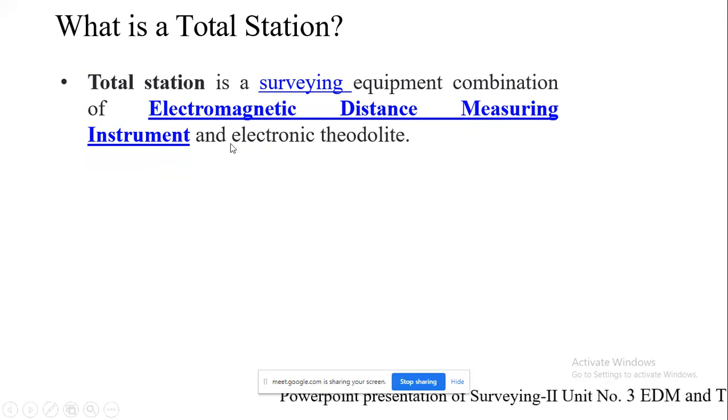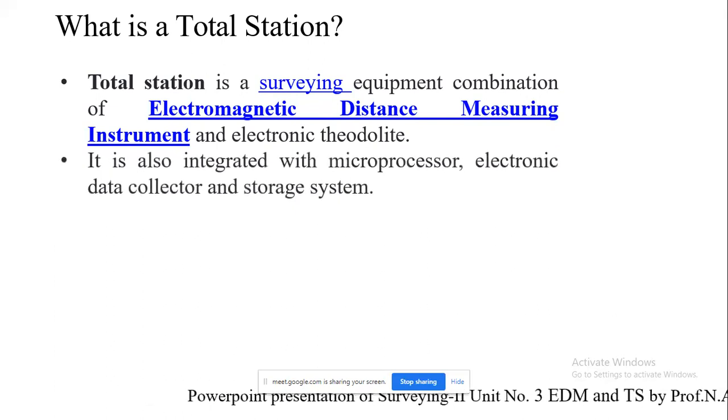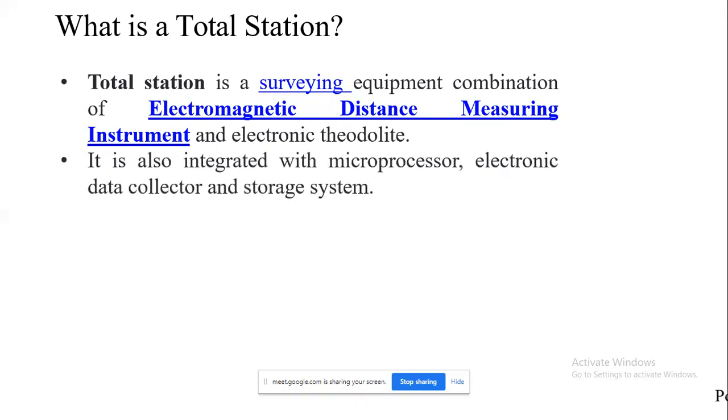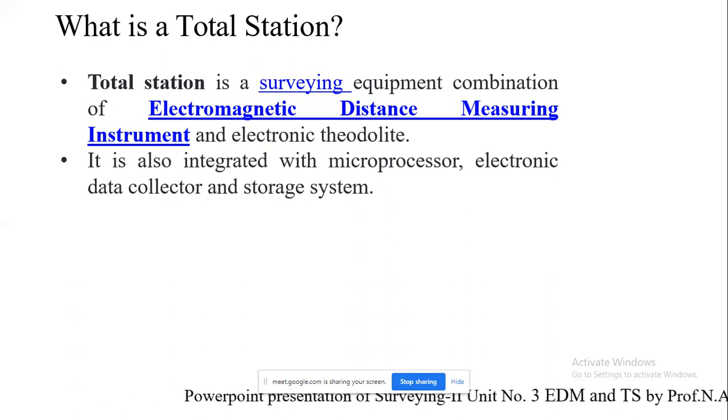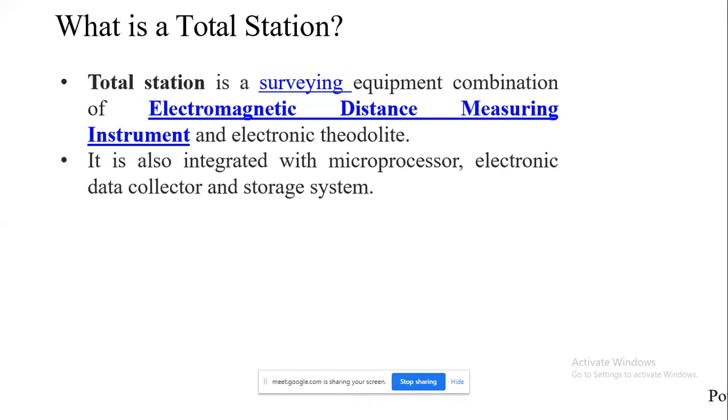So the total station is a surveying equipment which is a combination of an EDM instrument and an electronic theodolite. It is also integrated with a microprocessor, electronic data collector, and storage system. Whatever surveying work we do is stored in the memory of the total station.